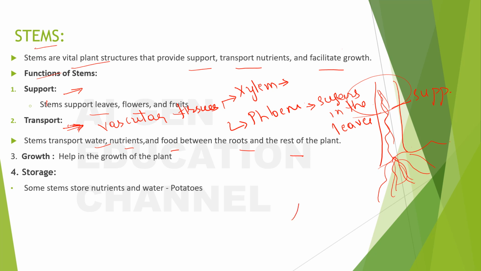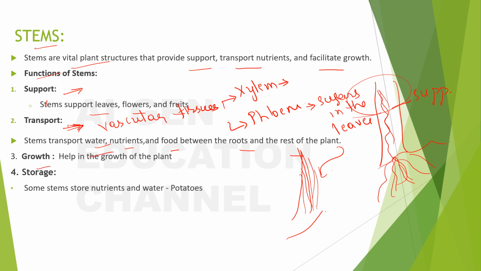The stem makes the plant grow to reach a certain height. When it is high enough, it will be able to capture more light. With more light, more photosynthesis, and with more photosynthesis, more food for the plant, and the plant will become stronger. And apart from that, it helps in the growth of the plant.